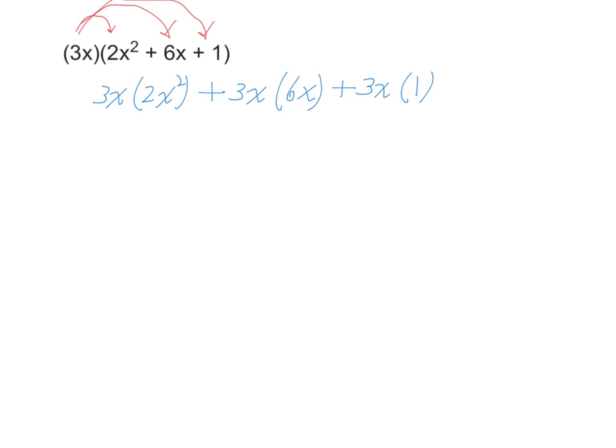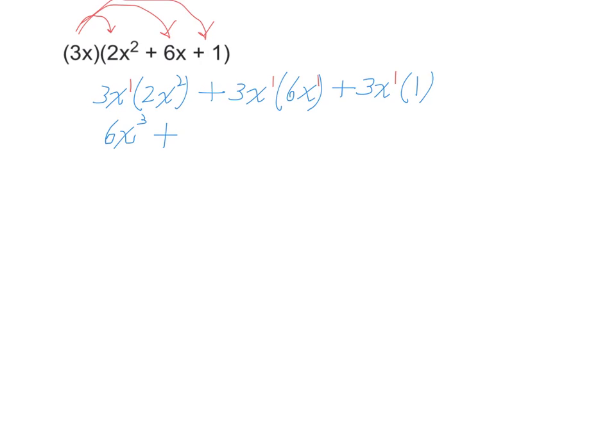First of all, when you see just a plain x, remember that that's an exponent of 1. If you need to, go ahead and write it in. All right, let's start with the first one. 3 times 2 is 6. I have like bases, so I'll add the exponents. X cubed.